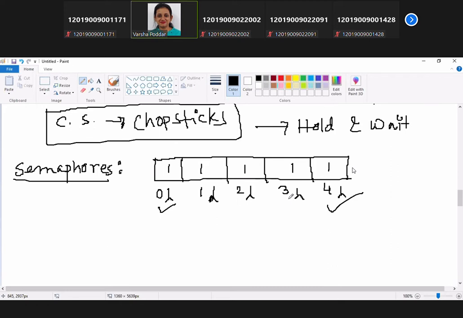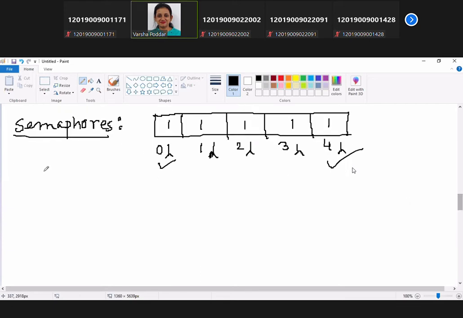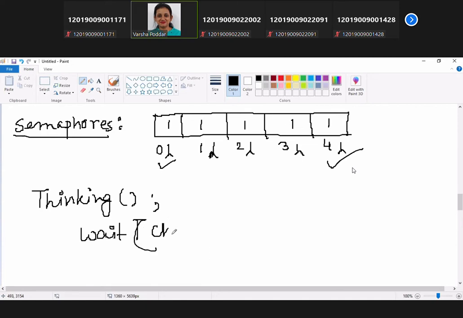Now how will we write this, how will we denote our algorithm? Suppose I am in my thinking process; I will not do anything. When I am acquiring one chopstick, you name it chopstick of i, so you acquire that.